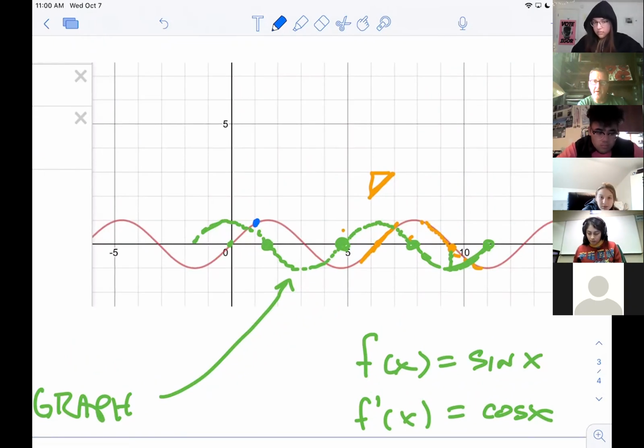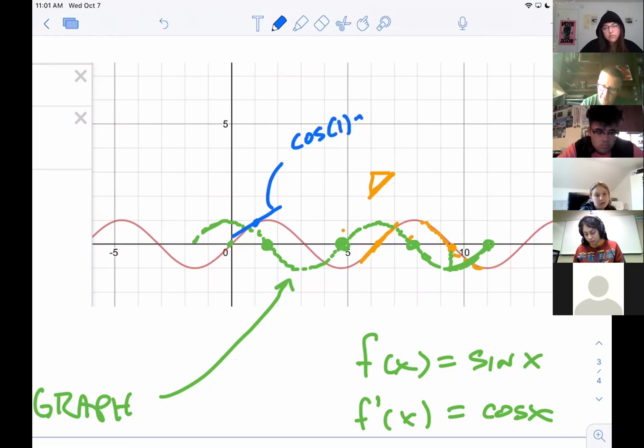So f prime of 1 would be the cosine of 1. I type cosine of 1, and sure enough, it says 0.54 is the slope. And I look at the graph and I go, yeah, that actually looks pretty reasonable. So we're talking about that line right there. And sure enough, the cosine of 1 is approximately positive 0.54. That actually kind of looks right, doesn't it?